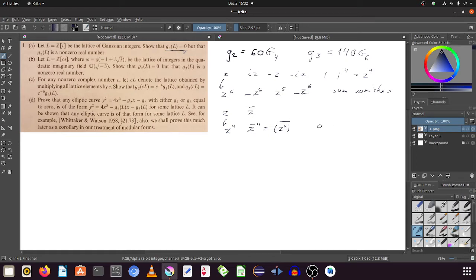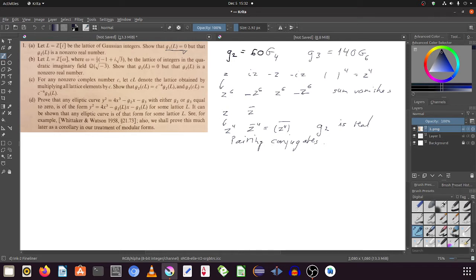So it's very simple that G2 is real. So the principle here is pairing conjugates. That doesn't hold for the reals, but they will give a real sum, whatever.